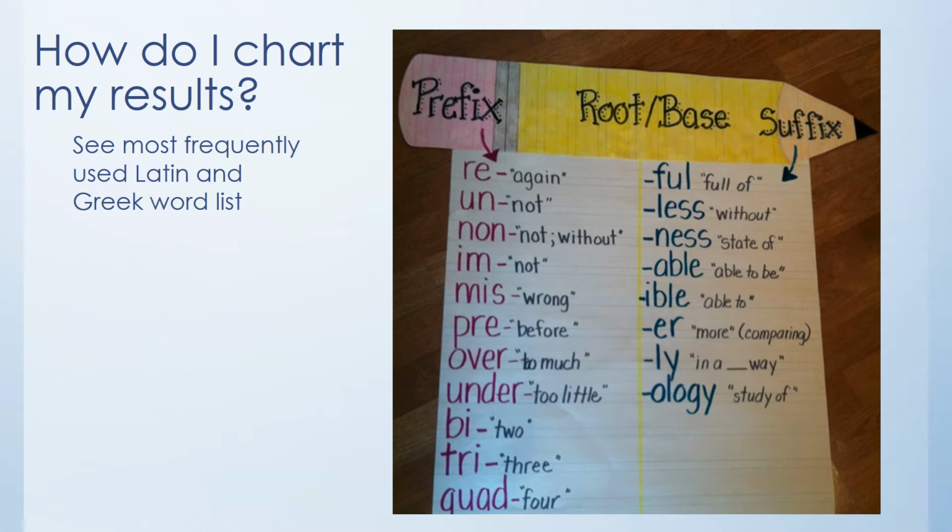And eventually they'll start giving you, oh, I know re means to do it again, or I know ly or er means a person who. So a teacher is a person who teaches. And eventually they'll start giving you these back in discussion once you choral read the sentences.